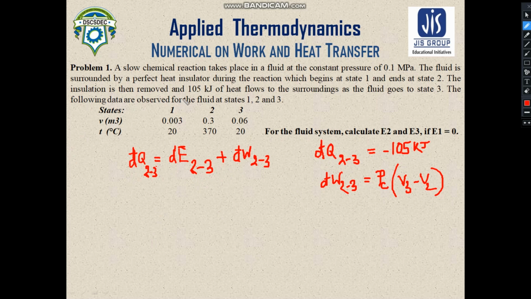As mentioned in the problem, the heat transfer for this process 2 to 3 is minus 105 kilojoule, and since it is an isobaric process, you can calculate the work done by the same formula.